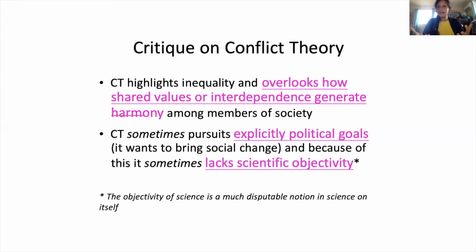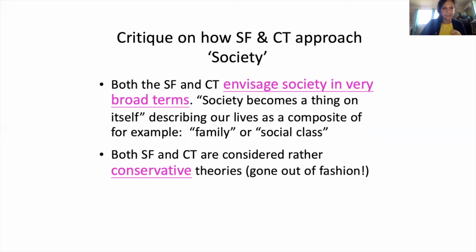Each brings to the table some core questions, some very solid theories, and it's only in their combination that we can have a broader, much deeper look at the complexity of the societies we live in. So, just a critique on both theories at the moment.